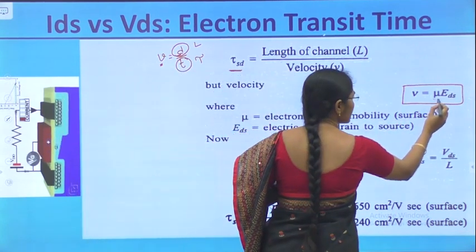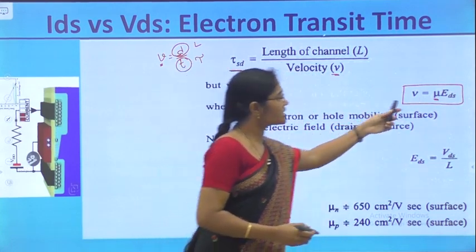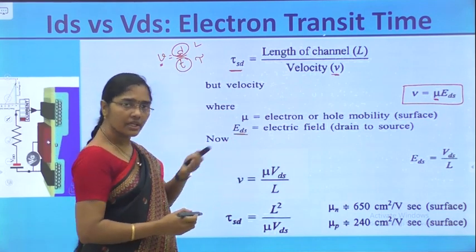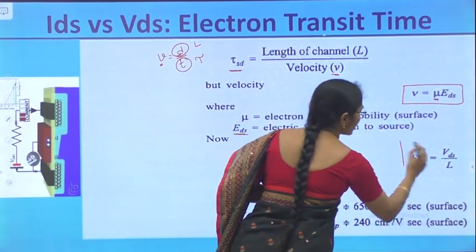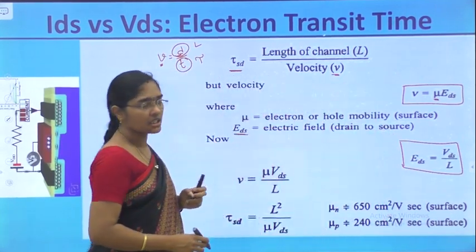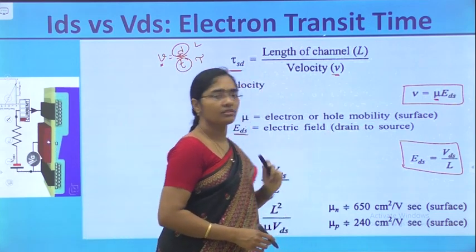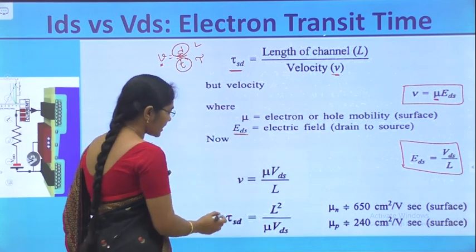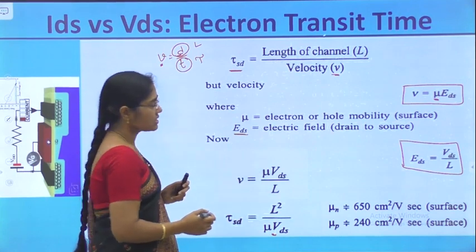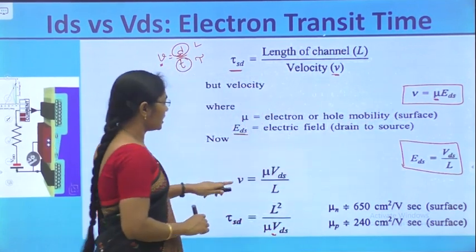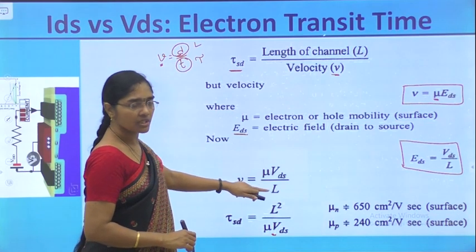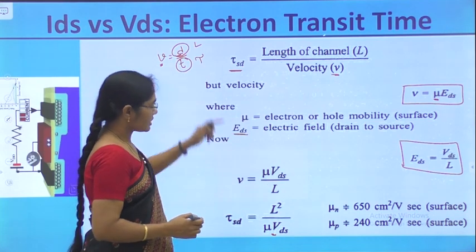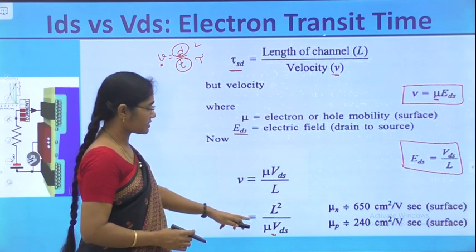So velocity is equal to mu into EDS, where EDS is the applied electric field, which depends on the applied voltage, so EDS is equal to VDS by L. Now, substituting EDS in the velocity equation, velocity becomes mu into VDS by L, and substituting that in the tau equation, we get tau ST equal to L square by mu into VDS.